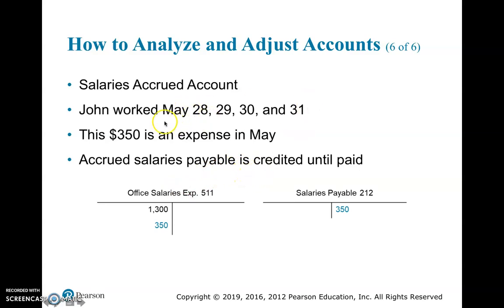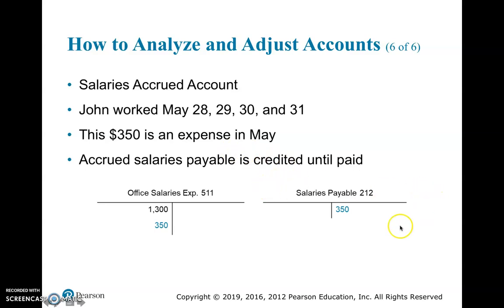In this example, we have an employee, John, that during the month of May has worked, and we have paid them every week except the last week of May. He has worked for 4 days and he hasn't gotten paid yet.